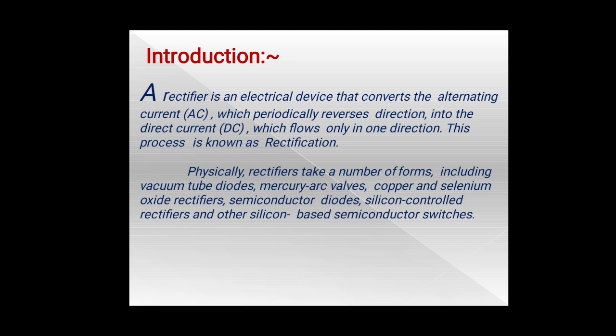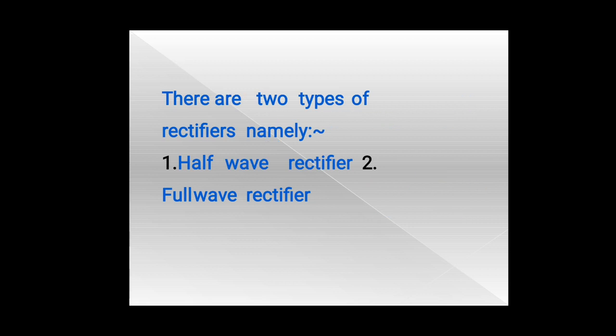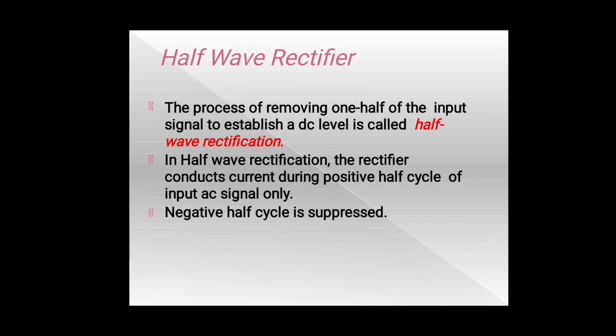It includes vacuum tube diodes, mercury arc valves, copper and selenium oxide rectifiers, semiconductor diodes, silicon controlled rectifiers, and other silicon based semiconductor switches. There are two types of rectifiers, namely half wave rectifier and full wave rectifier. Let us see one by one. First one is the half wave rectifier.